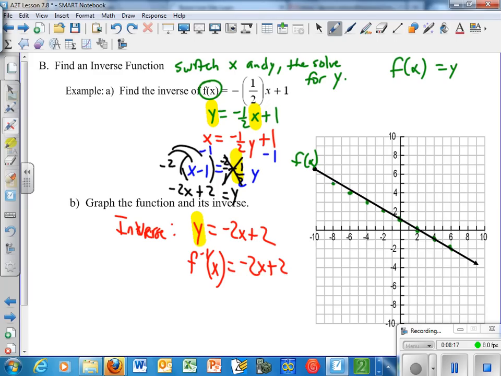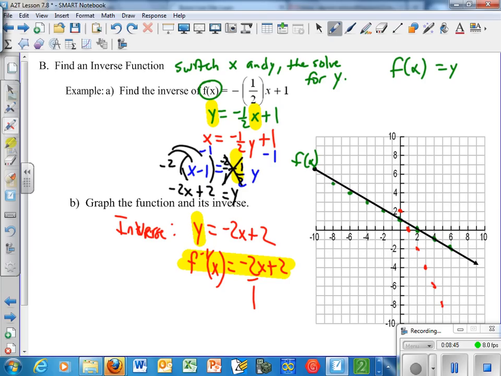And you could leave it as y, and then just indicate it's the inverse when you graph it, but I think it's best to write it with the inverse notation, which is this. Now we're going to graph this. So my y, this is a line in slope-intercept form. So positive 2. My slope is negative 2 over 1, so I'm going to go down 2, right 1, down 2, right 1, down 2, right 1, and so on.